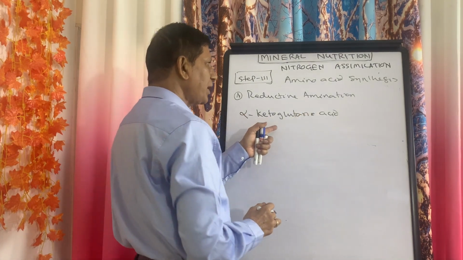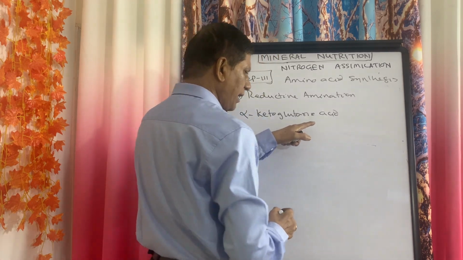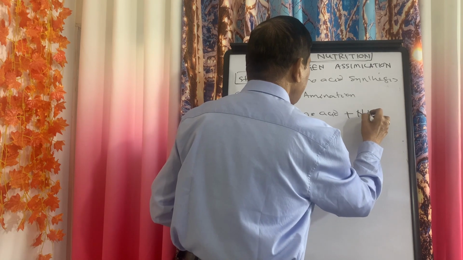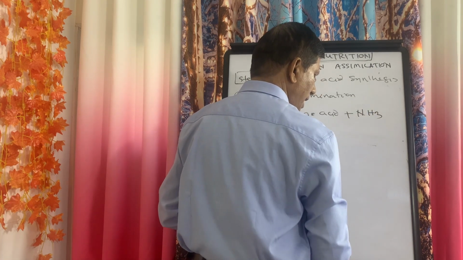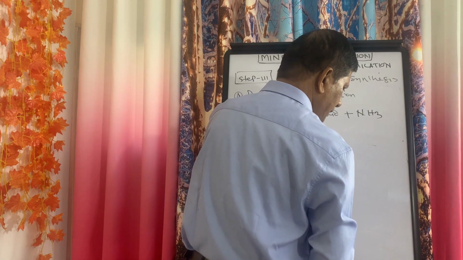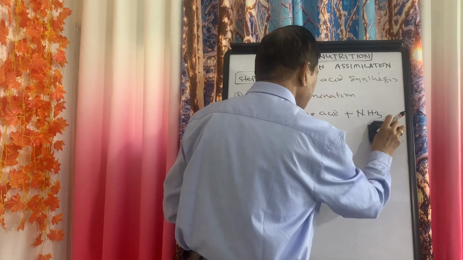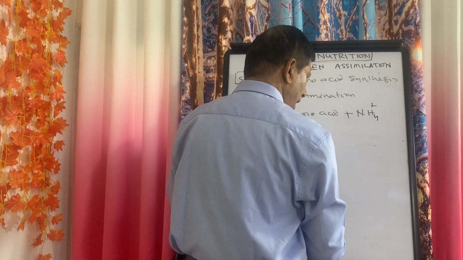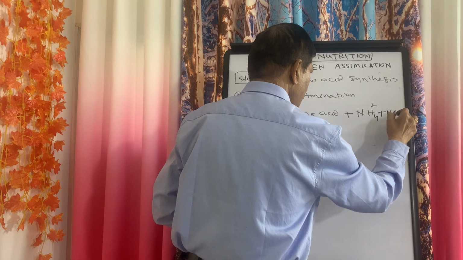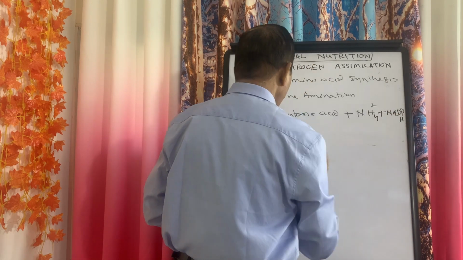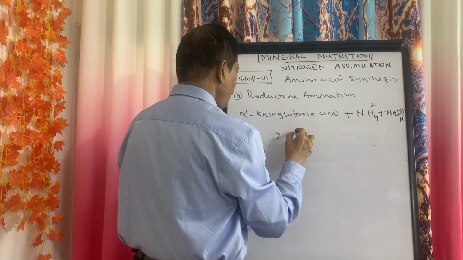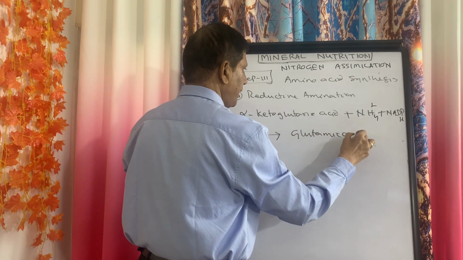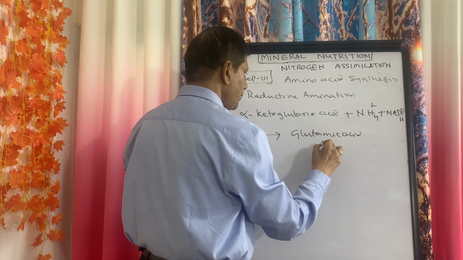So this alpha ketoglutaric acid usually combines with ammonia, the ammonium ions, along with the NADPH, and it will give rise to glutamic acid or glutamate, and this is the amino acid.